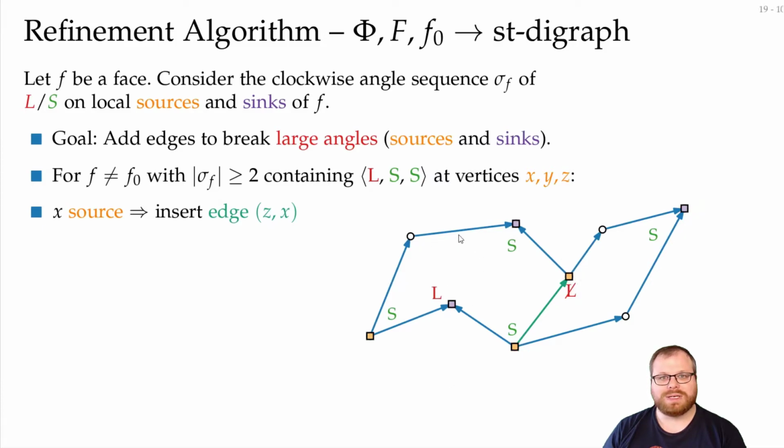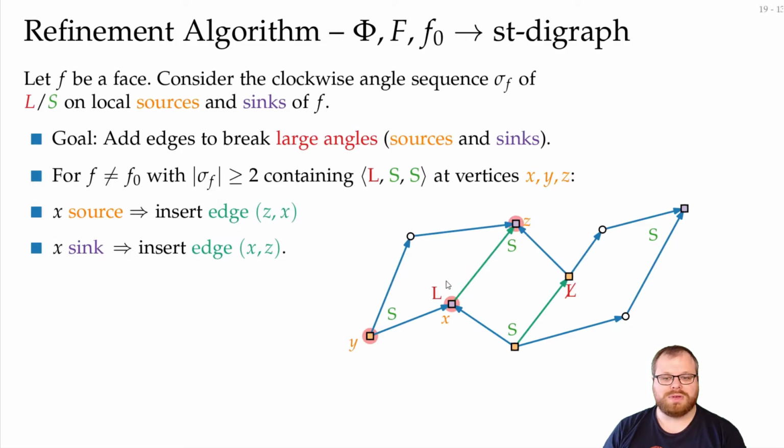Now let's have a look at this face. We again have an L here. This is a global sink. And this becomes our X, this our Y, our Z. We again want to add an edge between X and Z, but now in the other direction.